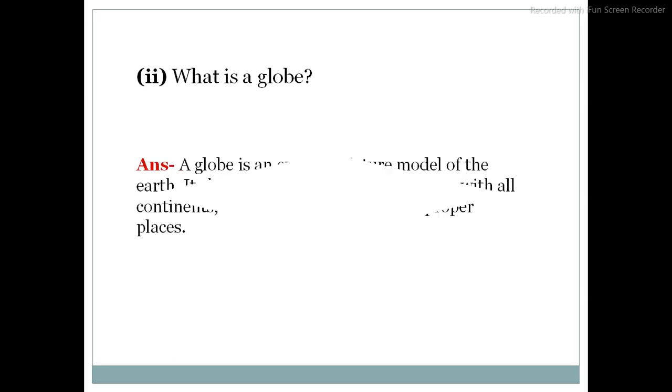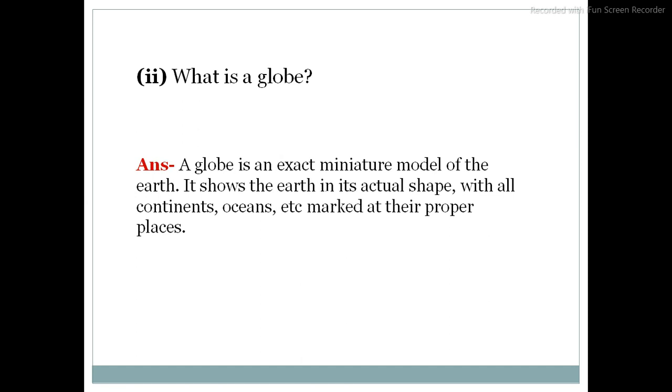Atharva, very good, he stated the correct answer. So the globe is the true model, or the exact miniature model, of the earth. It shows the earth in its actual shape with all continents, oceans and so on.